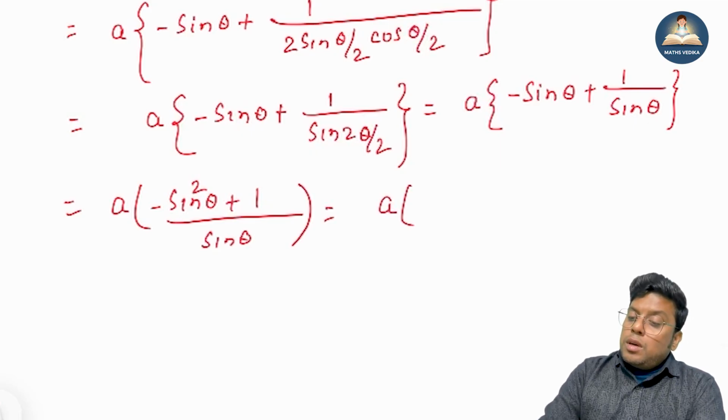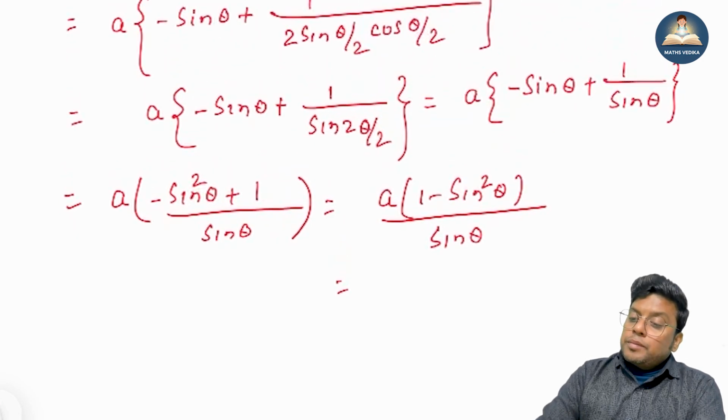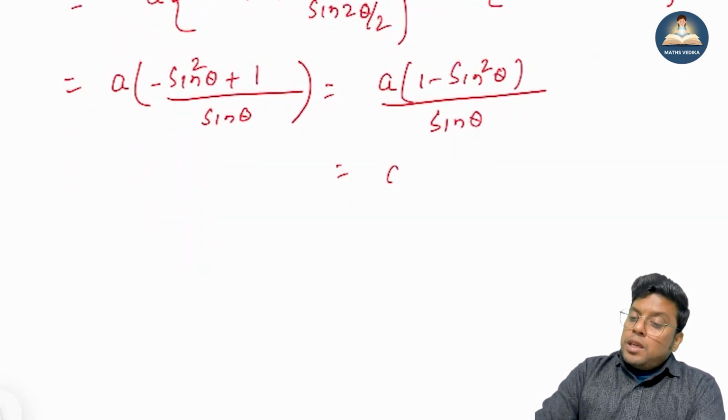A into 1 minus sin square theta by sin theta, which is equal to a cos square theta by sin theta.